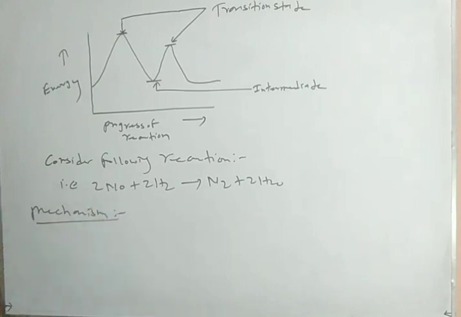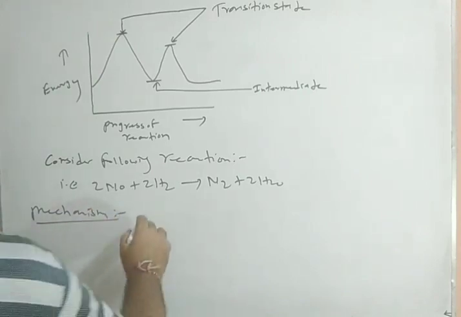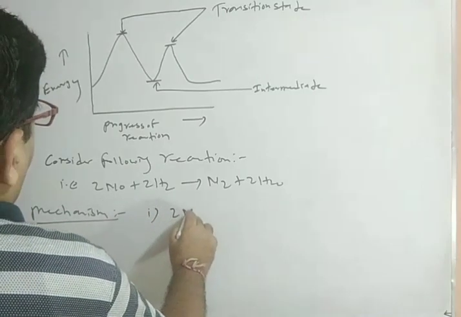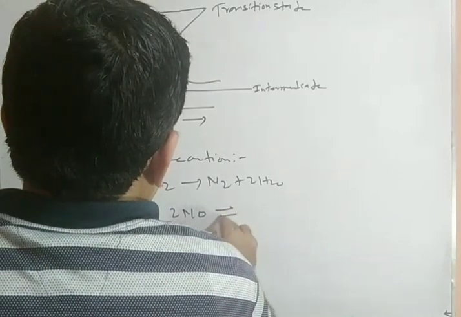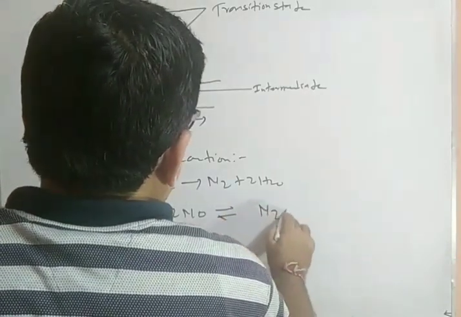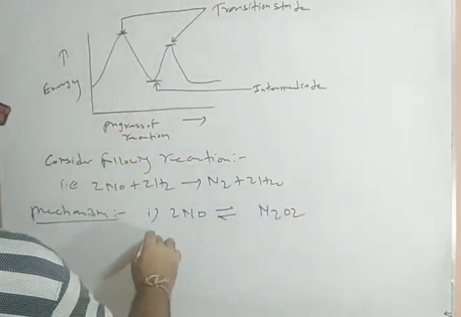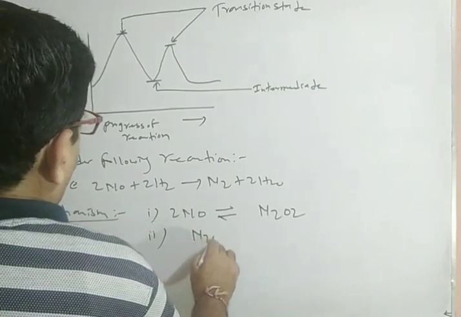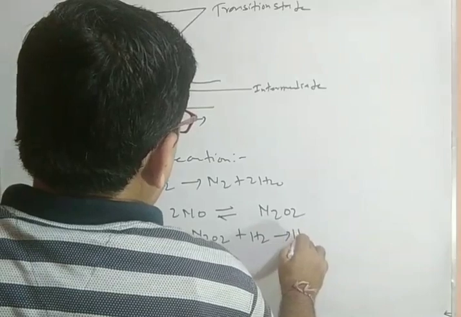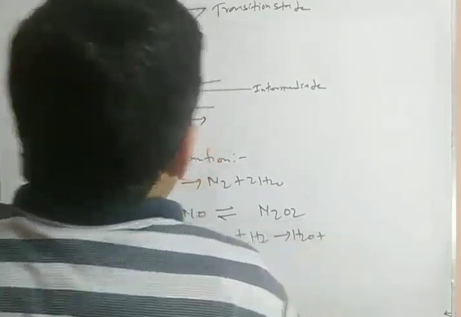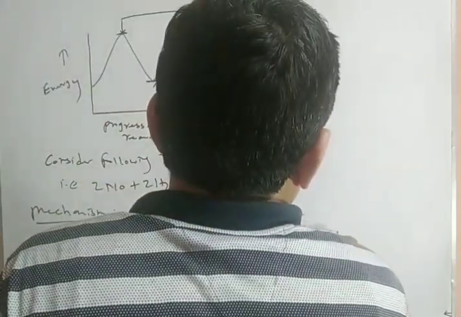Suppose the following pattern of reaction mechanisms are given, that is 2NO converted into N2O2, and the second one N2O2 plus S2 gives S2O plus N2.